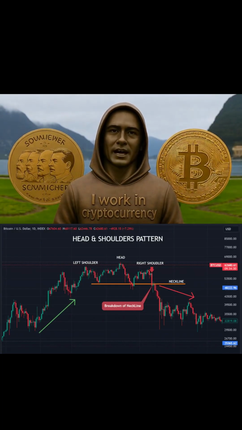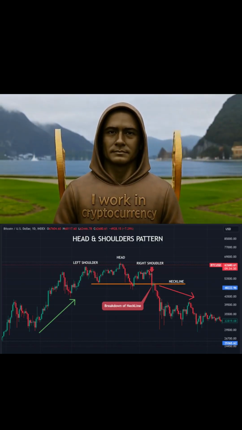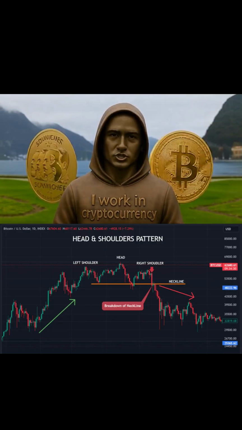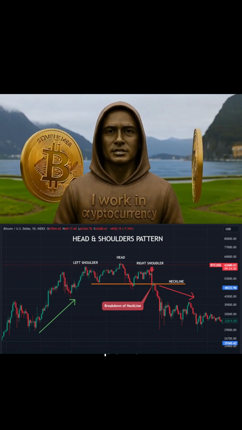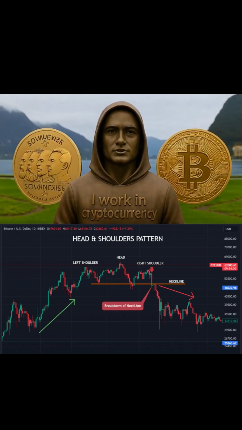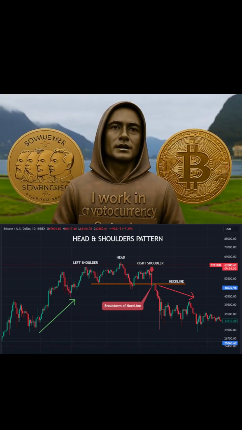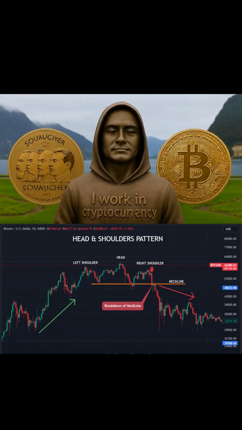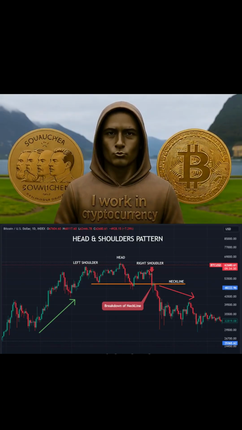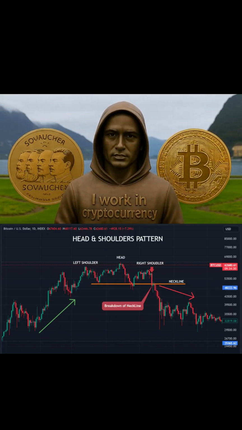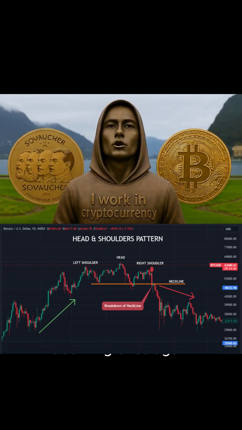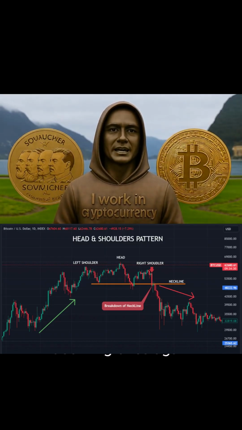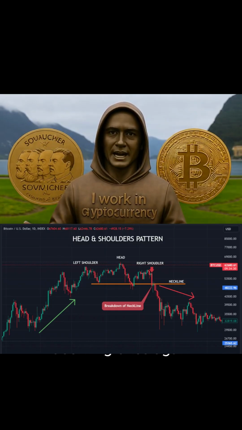How to identify the Head and Shoulders pattern? Following a prolonged bullish trend, the price reaches a peak, then declines to hit a low point. Subsequently, the price recovers, creating a second peak that significantly exceeds the initial one, followed by another decline. The price undergoes a third rise, but only up to the level of the first peak, before declining once again.